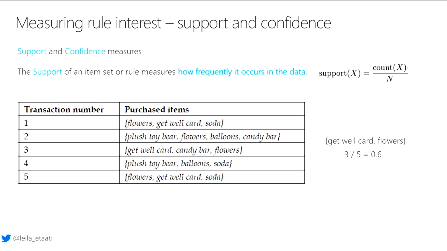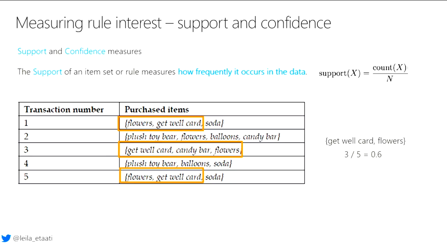Support is the number of times that people purchase items together. For example, you see here we have 5 transactions, and in 3 of them, people purchase flowers and a get well soon card in a hospital.